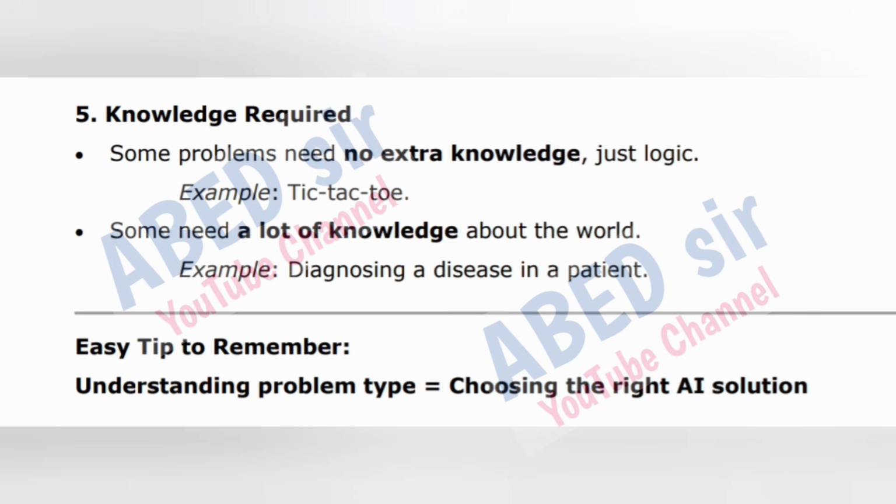5. Knowledge required. Some problems need no extra knowledge, just logic. Example: tic-tac-toe. Some need a lot of knowledge about the world. Example: diagnosing a disease in a patient. Easy tip to remember. Understanding problem type is equal to choosing the right AI solution.